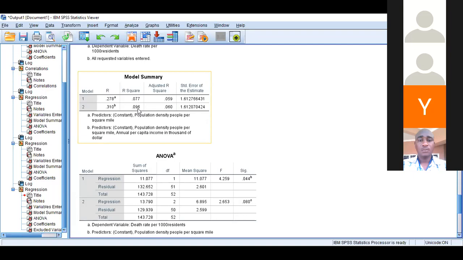The area where they overlap is what has been removed. So the combined R square is not the mathematical addition of their separate R squares. When you run them together, this is a combination. So both of them contribute 9.6%. Does it make sense now? Yes, sir.